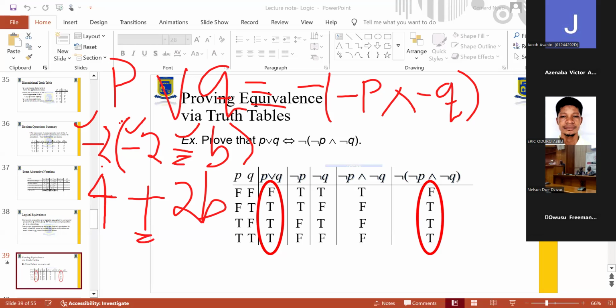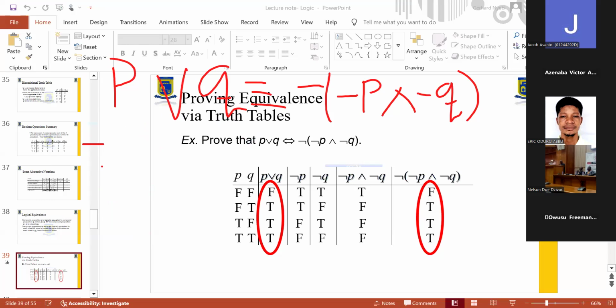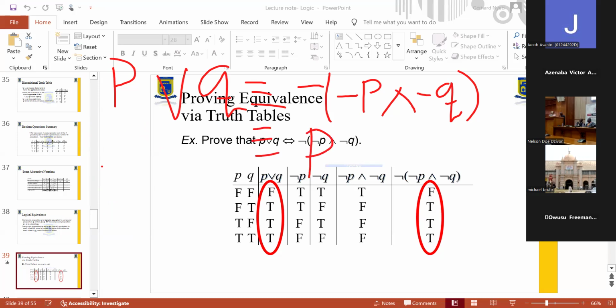So according to De Morgan, when you take the negation of and, your output will be or, and when you take the negation of or, your output will be and. So the negation of negative P will now become a positive P, right?